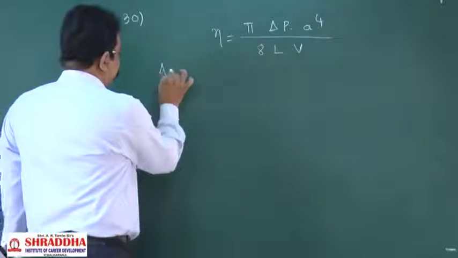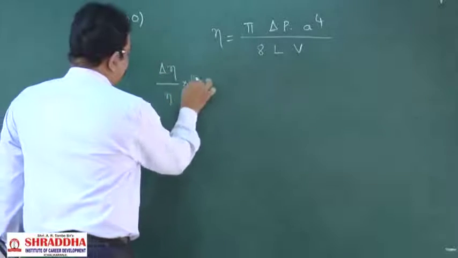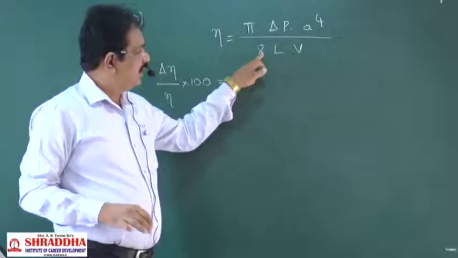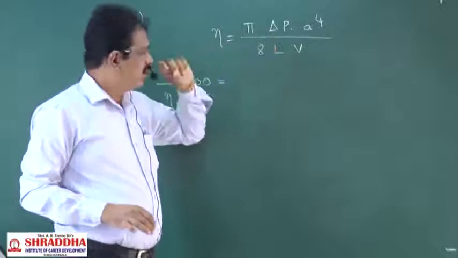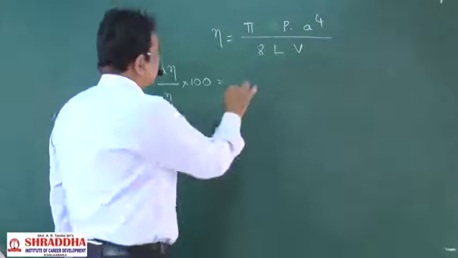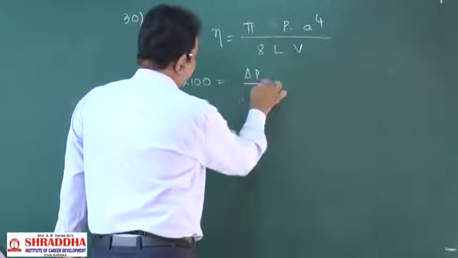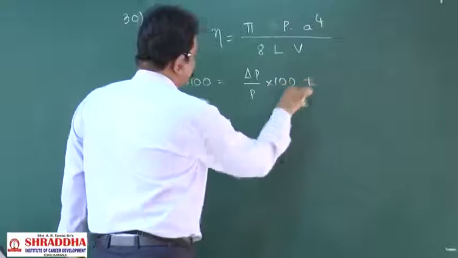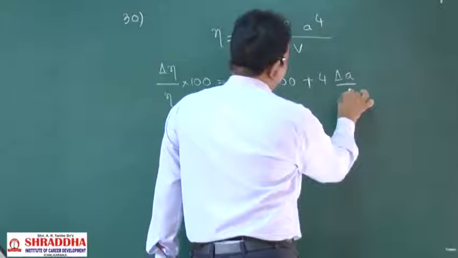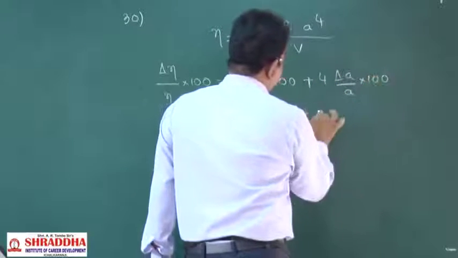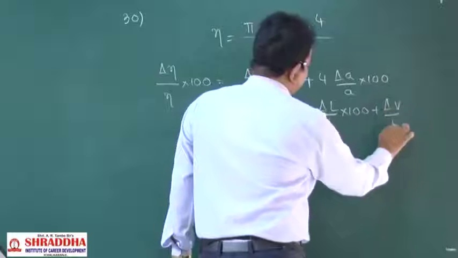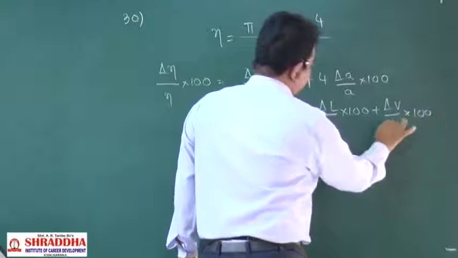Δη/η × 100: π constant, 8 constant, ΔP, you can take it as P also, nothing wrong. Then in P the error will be Δp/p × 100, for a power 4 it is 4 × Δa/a × 100, then ΔL/L × 100, ΔV/V × 100.